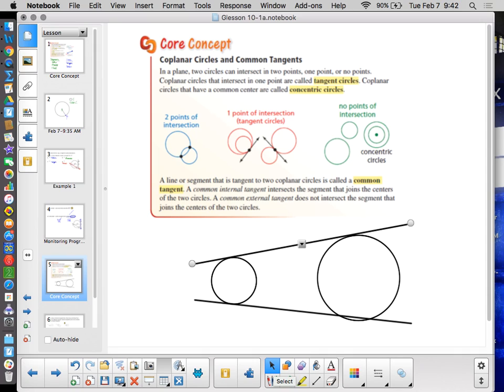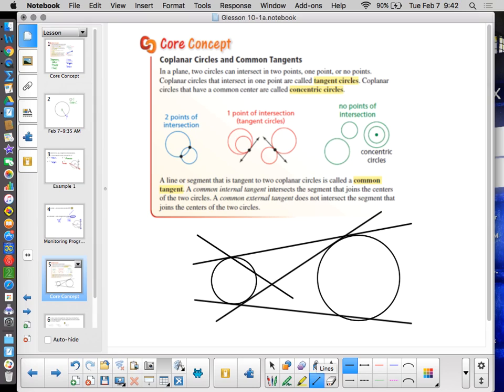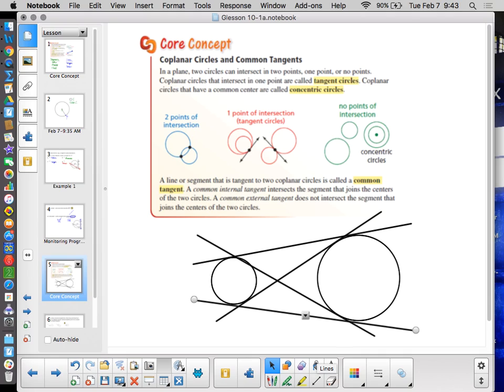I'm going to be able to draw actually 4 lines such that those lines are tangent to both circles. Oops, this one isn't so good anymore. Make it tangent. There we go. That one's not bad. This one I'm going to try to make it tangent. Okay, good.